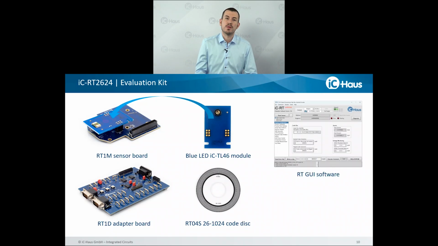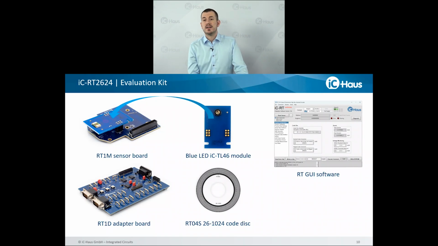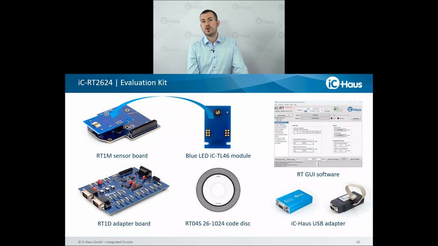And as for all programmable iC-Haus devices, we do have an evaluation GUI software where you can access all the chip parameters, all the chip registers here, program and calibrate the system. Therefore, you'll need a USB to serial converter. We have that available to make it easy for your evaluation.